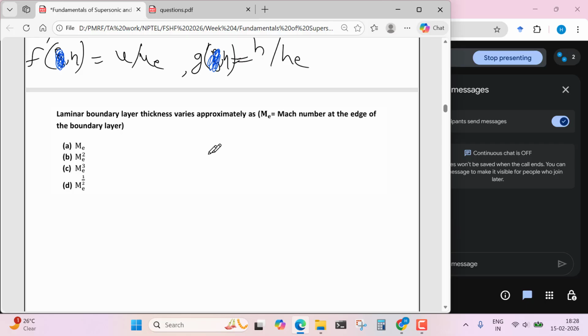So if you have studied the lecture properly, you might have heard that delta is directly proportional to M_e square. So as Mach number at the edge of boundary layer increases, the boundary layer thickness also increases.